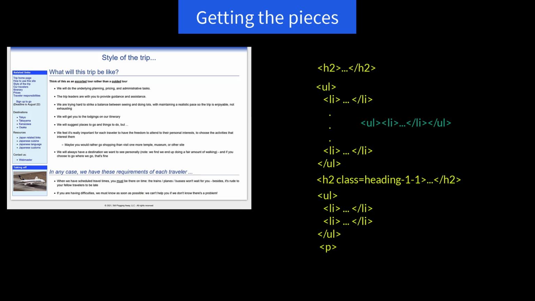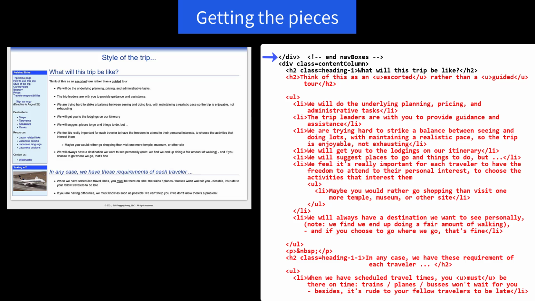So, reading text and converting to HTML, our next cut has this. Starting with the end of nav boxes and the beginning of content column, here's the H2 heading we had before with a class of heading -1, followed by the plain H2 heading.